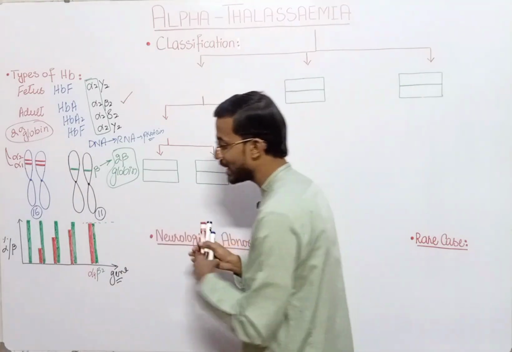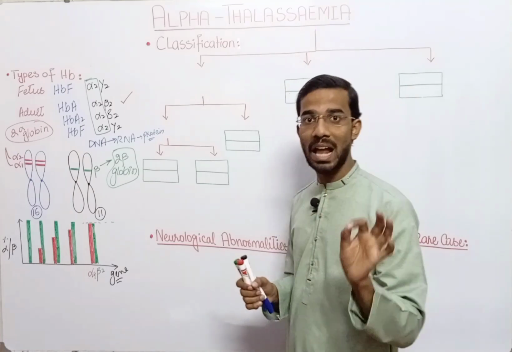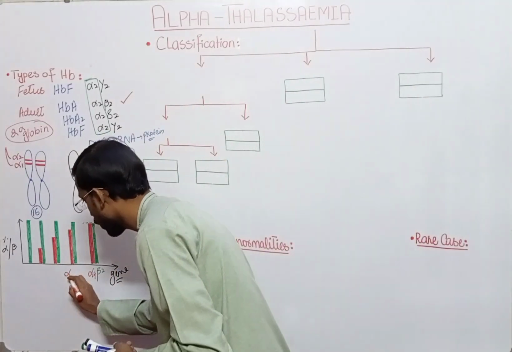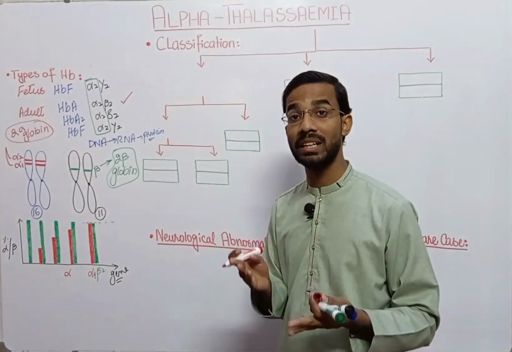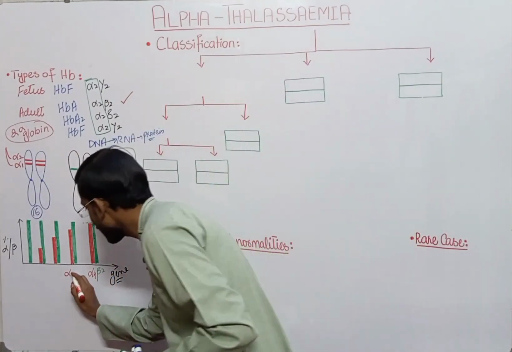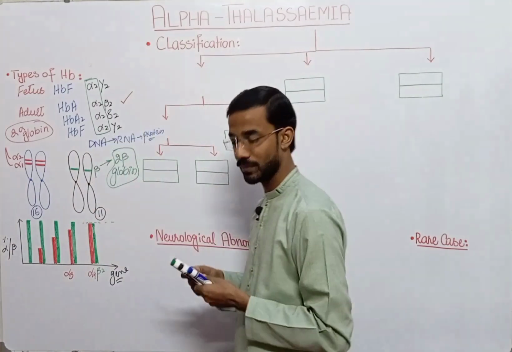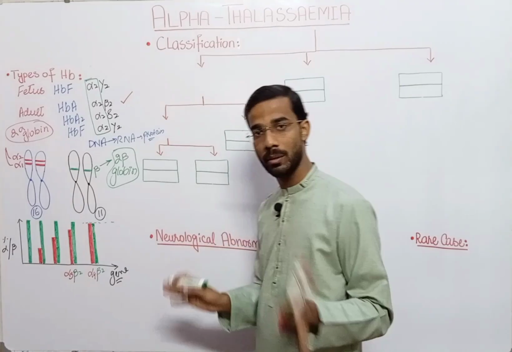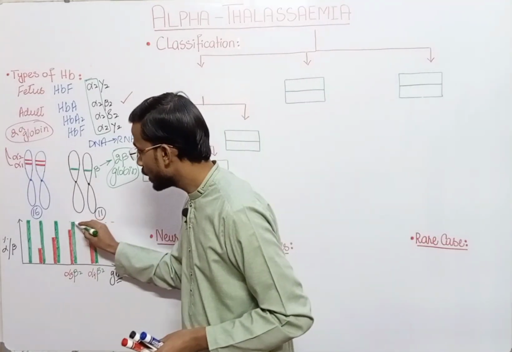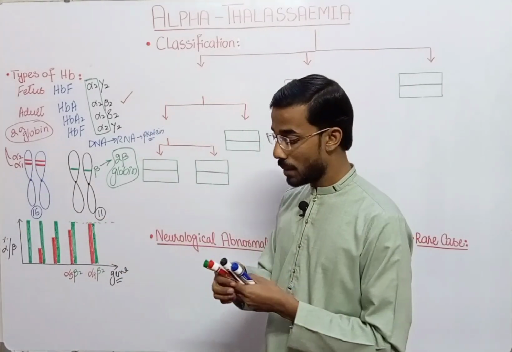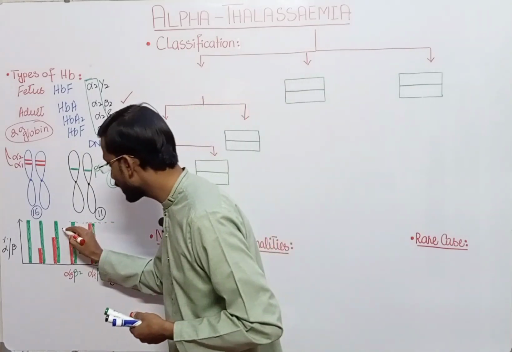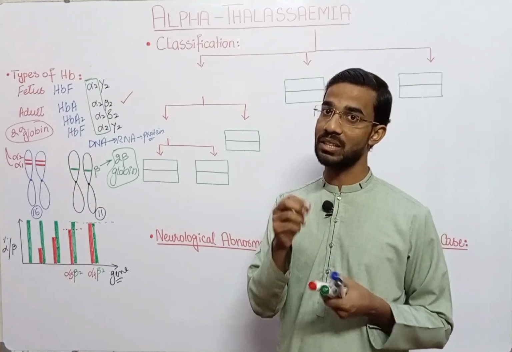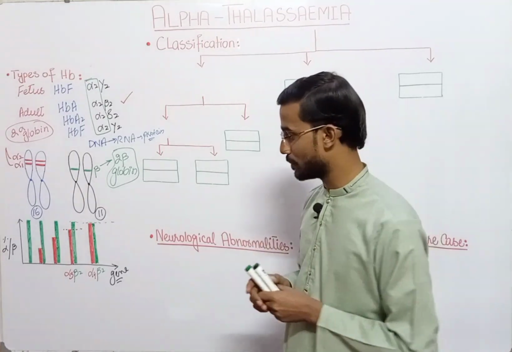If one allele is defective, so that of the 4 alpha alleles there is a deletion or defect in one, then the remaining will be alpha 3, while beta 2 remains normal. The quantity of beta remains normal, but the quantity of alpha will reduce because one allele is defective or mutated.